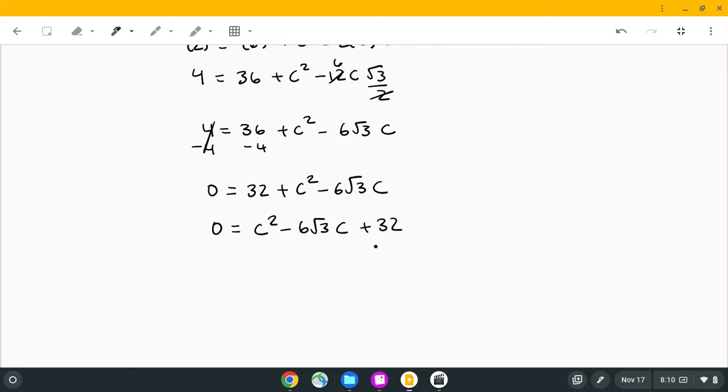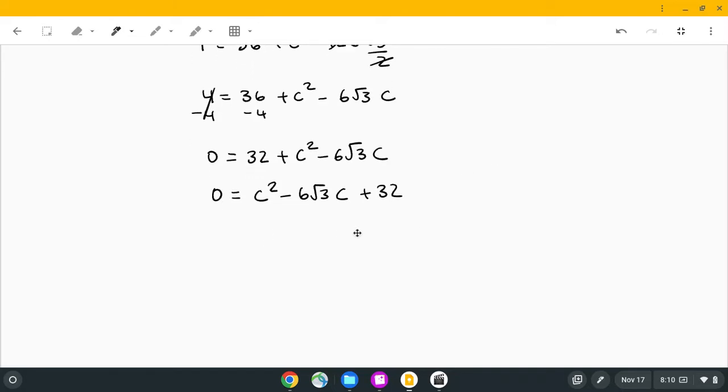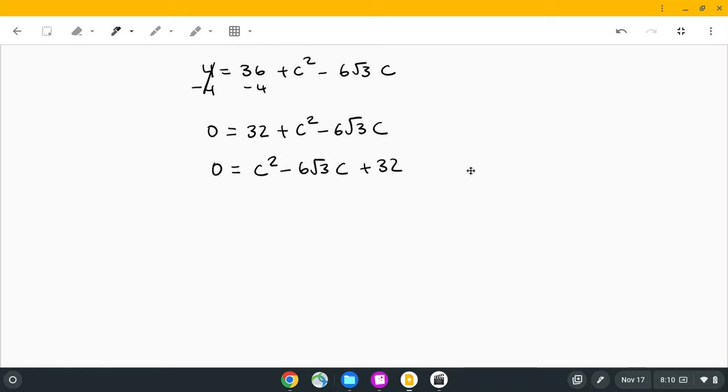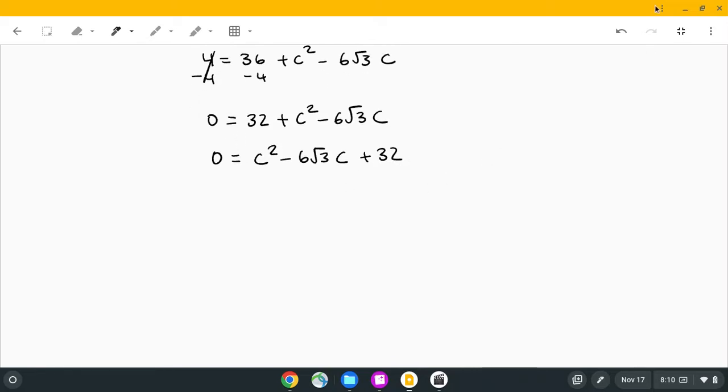Here, I don't think this is factorable. So this isn't factorable, so let's use the quadratic formula to solve.